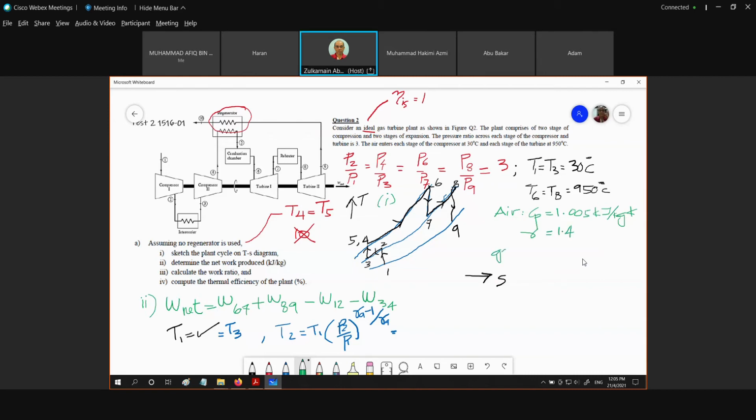For gas, the Cp is given as 1.15 and the gamma for gas is equal to 1.15. Okay, so that is your value of Cp and gamma for both air and gas.